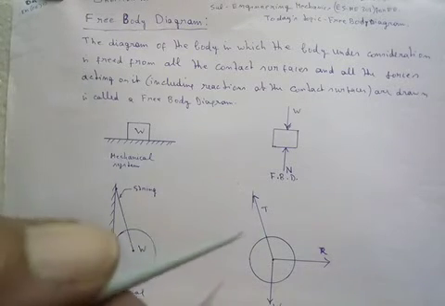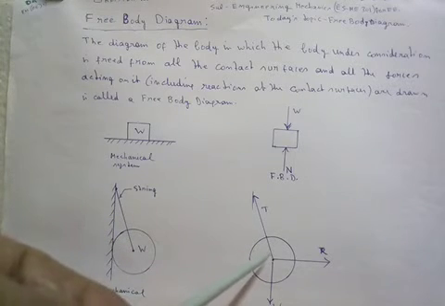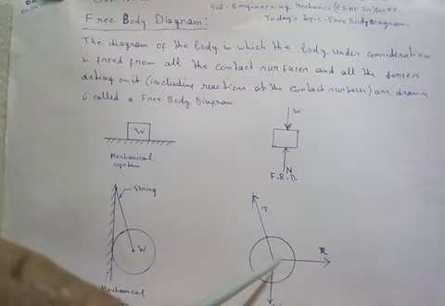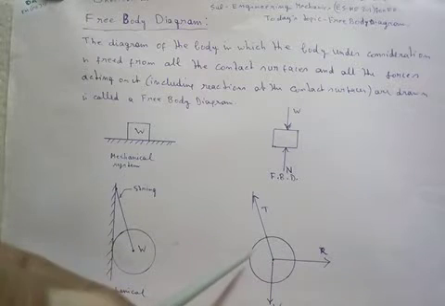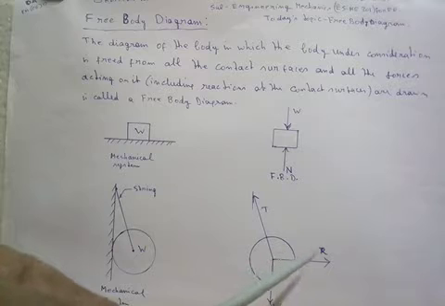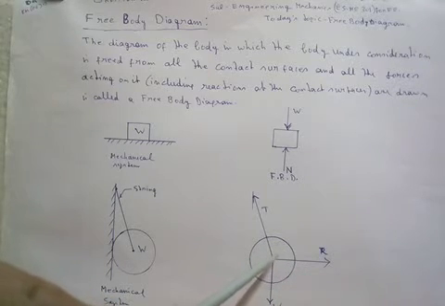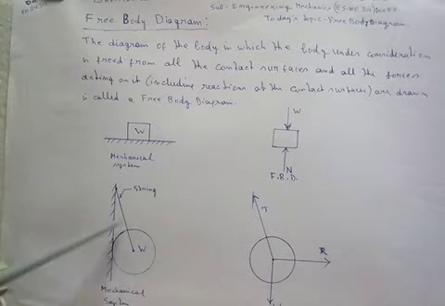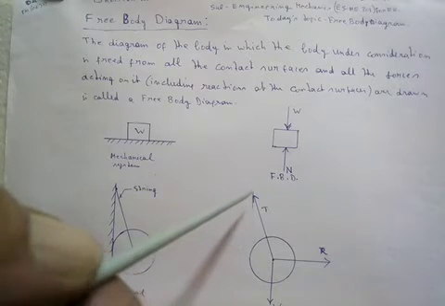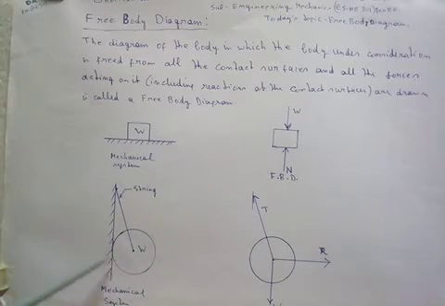These are the three forces acting on this ball: W vertically downward, normal reaction at this point in the horizontal right direction, and tension in the string in this direction. So this is the free body diagram of this roller.